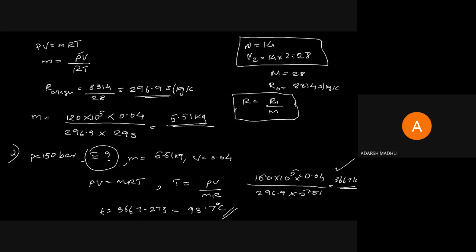Molecular weight of nitrogen is 28. Atomic weight is 14 and molecular weight is 28. So that is about that problem. By doing one more problem in ideal gas, we can conclude that particular section.